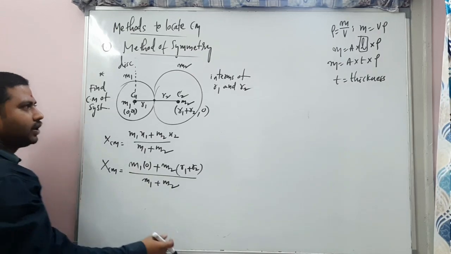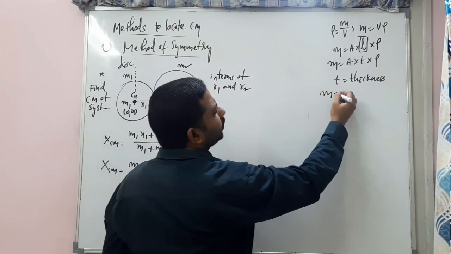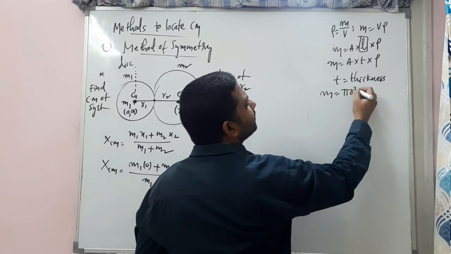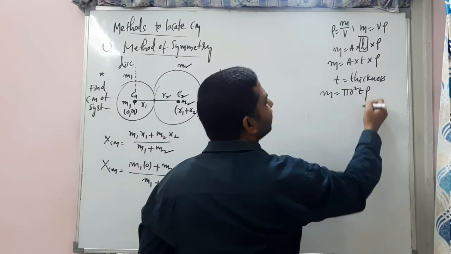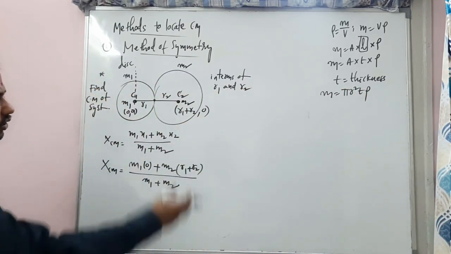Right? Okay. So mass is equal to area into thickness into rho. The area of the disc is pi r square, into thickness, into rho. In the place of m, you keep this.